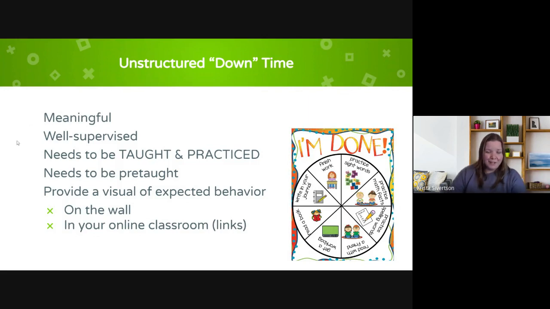We need to make sure that the books are at the level that they are able to read or enjoy. And they may not have the stamina to sit for 20 whole minutes uninterrupted, and may need to start very small and build up to that. And I also just highly recommend having some kind of a visual of what is expected during that downtime or unstructured time. So if there's something that they can do when they're done, making sure that it's really clear what it is.